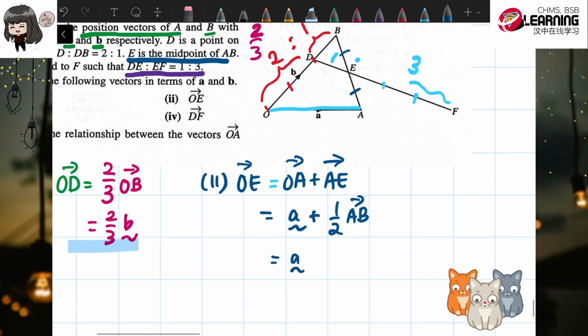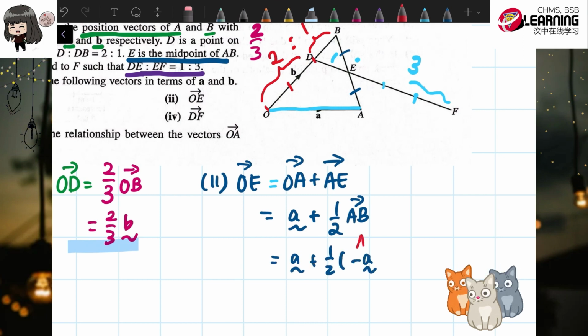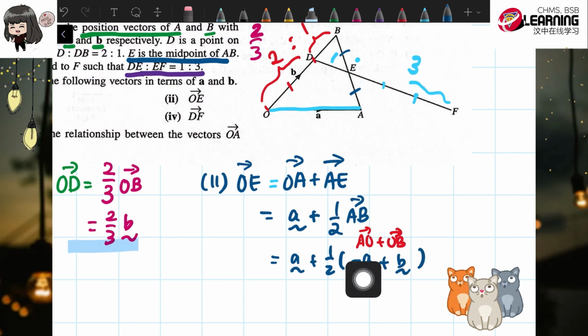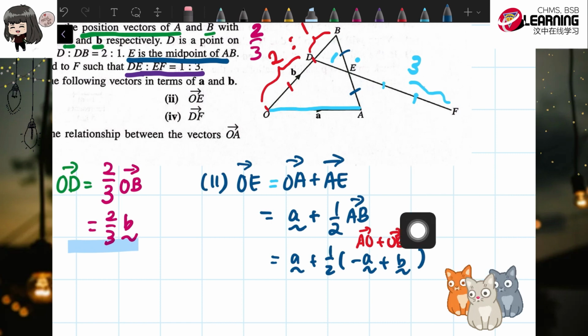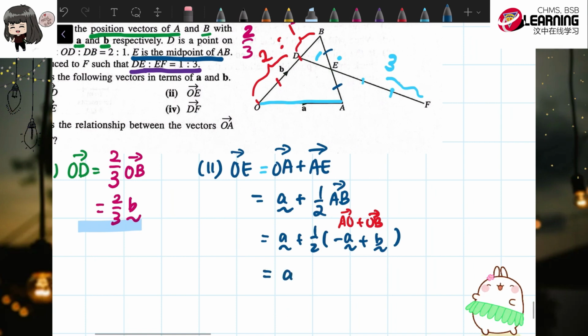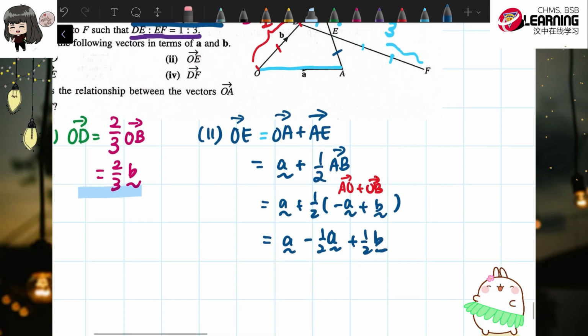And AB here is AO plus OB, so it's negative a plus b. So half of AB, A to B is A to O, O to B. I assume you already mastered your directions for AO, OB, this kind of question, in the earlier lesson. So this one we can simplify and it will become half a plus half b.